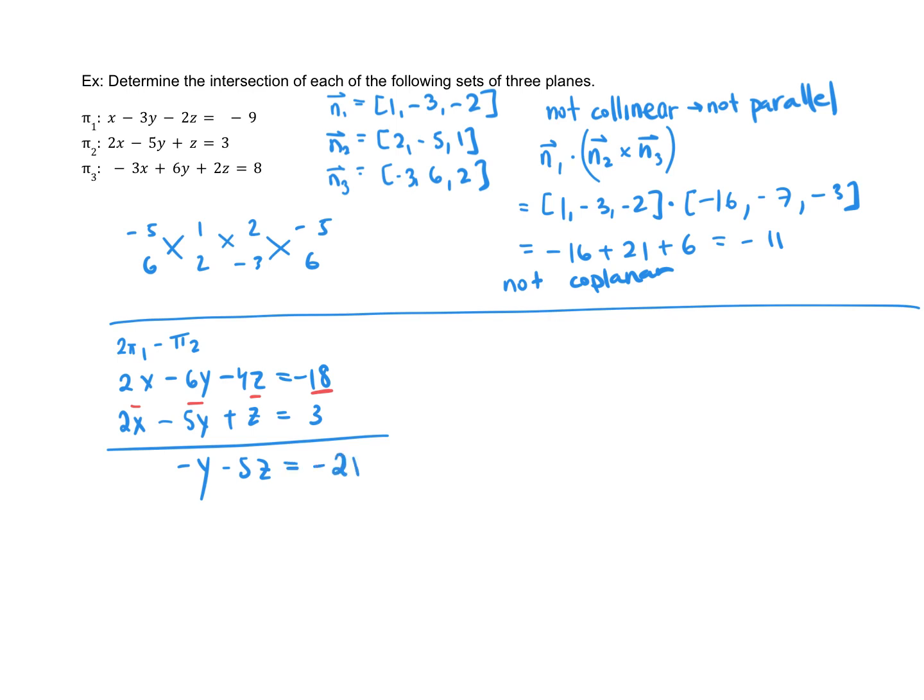So first, x is eliminated. Now I'm going to eliminate x again so that I have two equations in terms of y and z. To do that, I'm going to triple plane 1 this time and add it to plane 3.